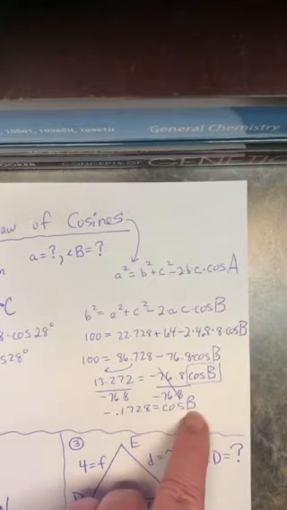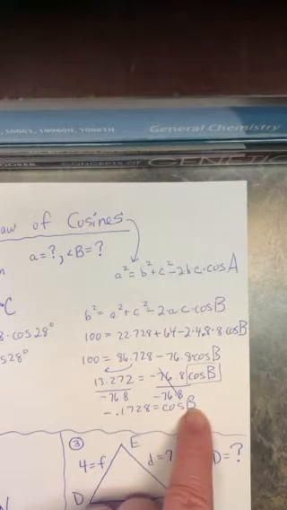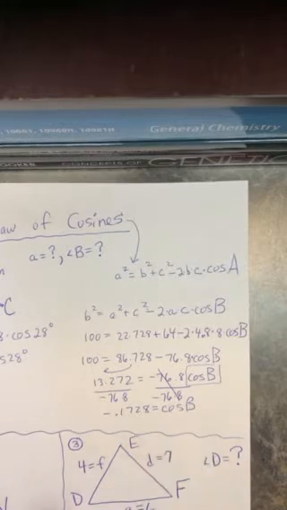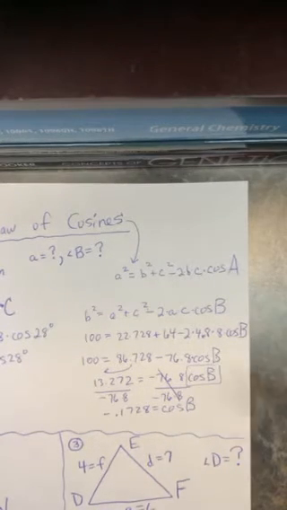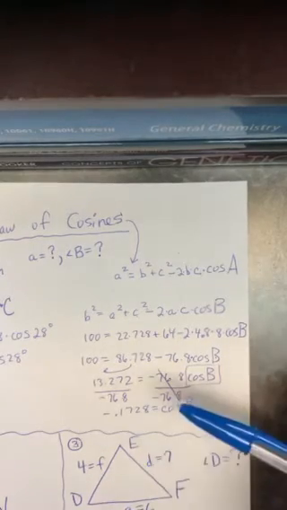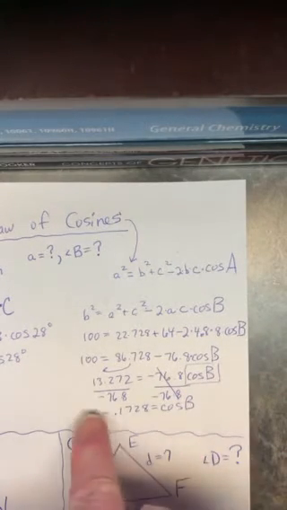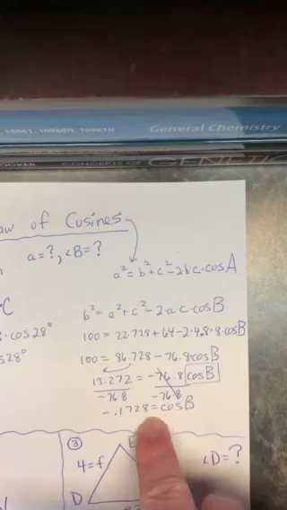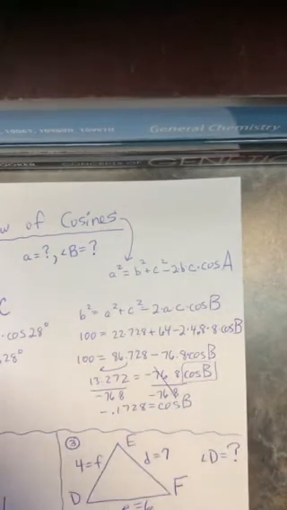If you're ever looking for a missing angle, remember we did this in our trig unit, you've got to hit the inverse button on your calculator. So right now, you're going to type second cosine, negative 0.1728. Inverse cosine, so here I go. Second cosine, negative 0.1728. I hit enter.